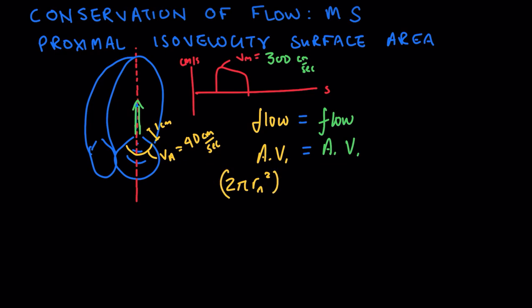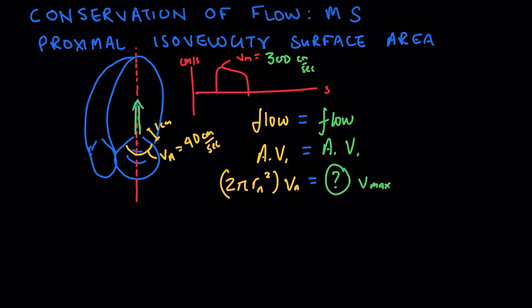That's the area. The velocity is the velocity that we measured right at that hemisphere, the aliasing velocity. That is equal to the unknown area that we're trying to solve for, right? We're trying to figure out what the area of that stiff valve is when it opens, times Vmax.